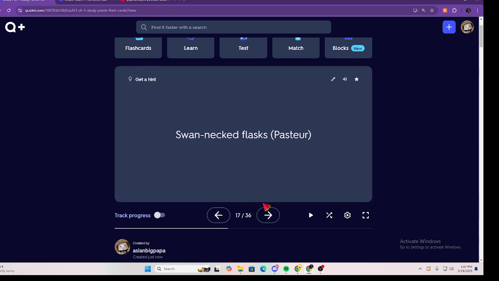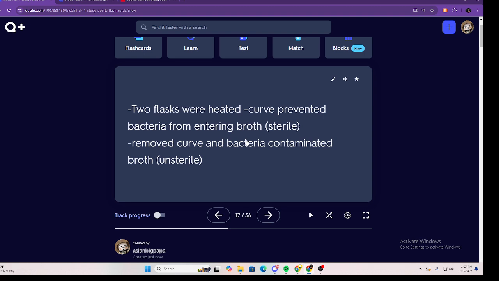More on Pasteur. He made the swan neck flask experiment. Basically, he heated up 2 flasks, and there is a swan neck curve. The curve prevented bacteria from entering the broth and made it sterile.